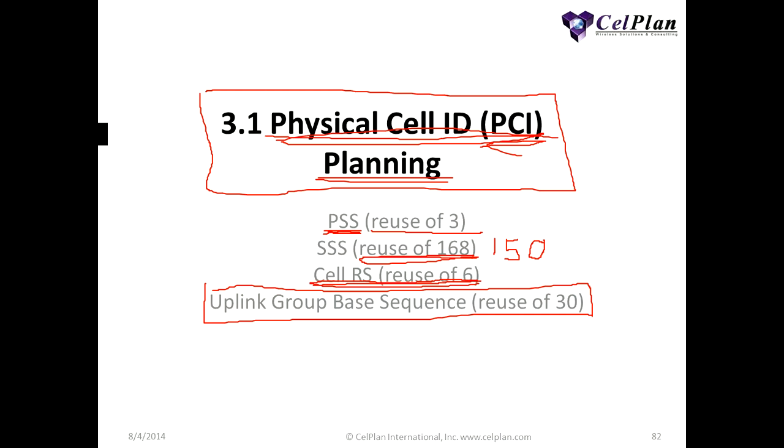And this planning cannot be based only on geographical neighborhood. It should be based on interference neighborhood and geographical neighborhood. So when you calculate the neighbors to do this planning, you have to consider both.